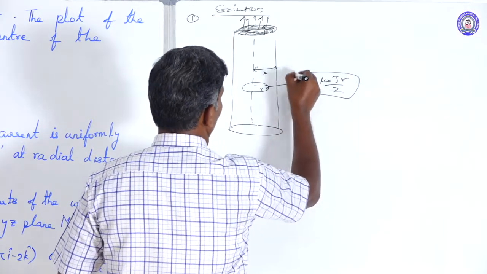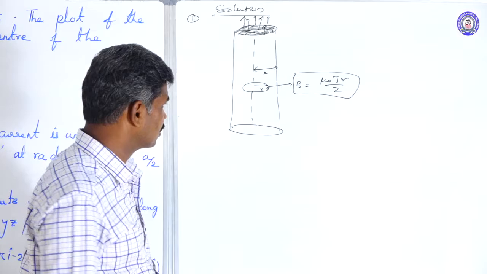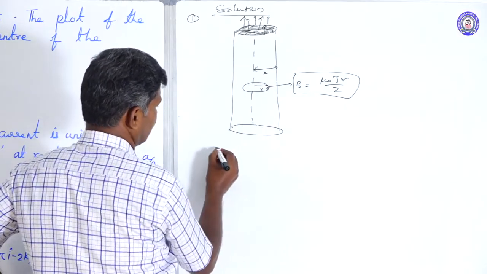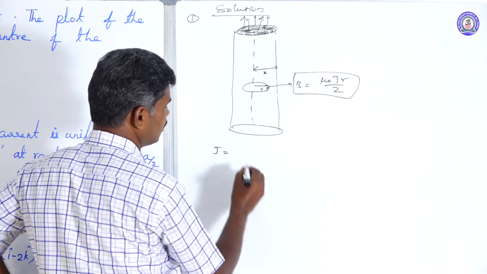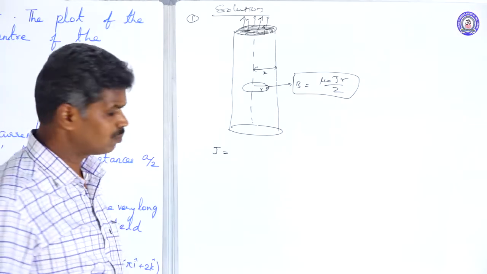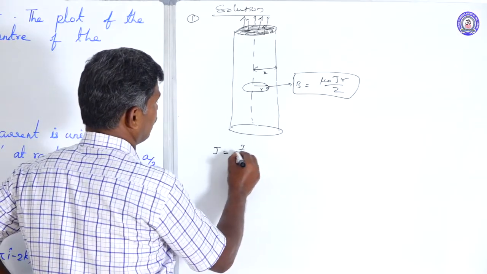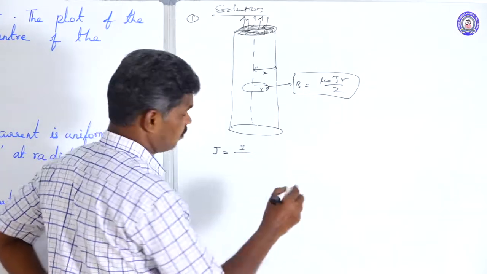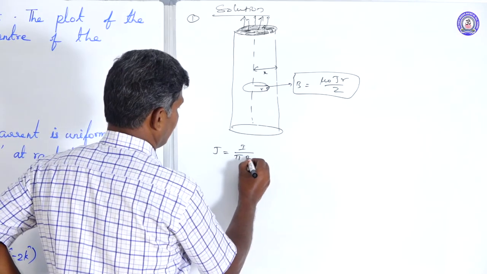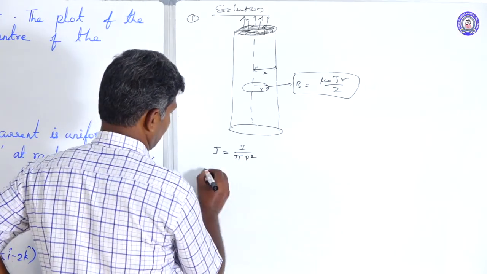We have already calculated this. First we need to find the current density. Current density J is equal to total current by total cross section area, that is pi R square.